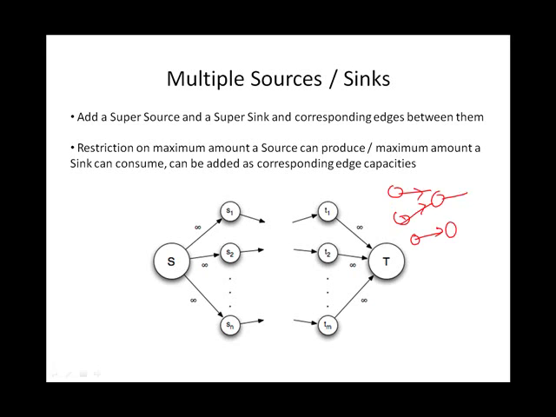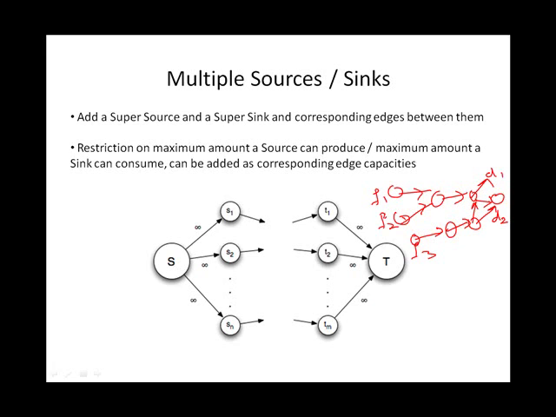What we are looking for is something like this. I have factory 1, factory 2 and factory 3, and I have distribution center 1 and distribution center 2. What is the maximum amount of goods I can transfer from all my factories to all my distribution centers? That is what is shown in the graph below.